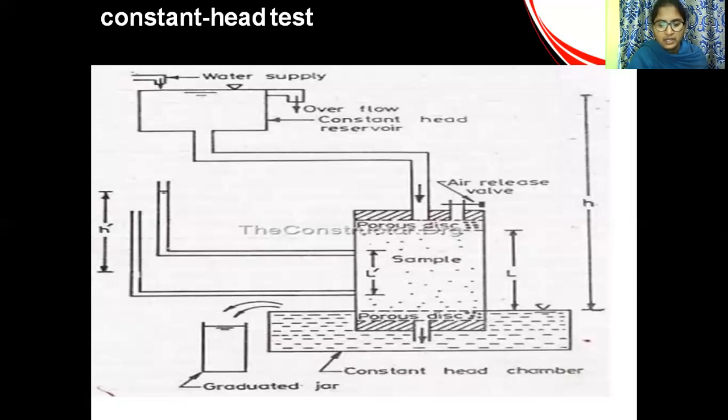The soil sample must be fully saturated. This is done by pouring the dry soil sample into the permeameter mold filled with water, thus depositing the soil under water.